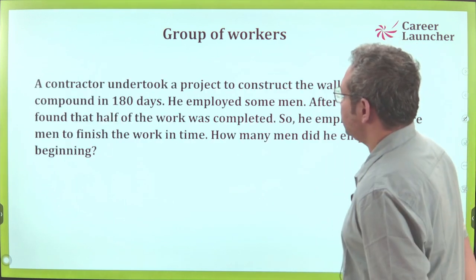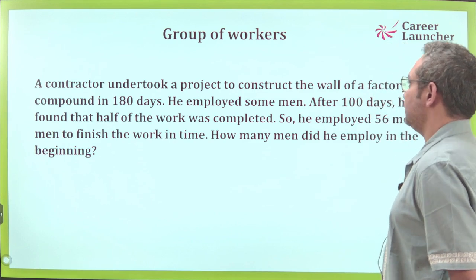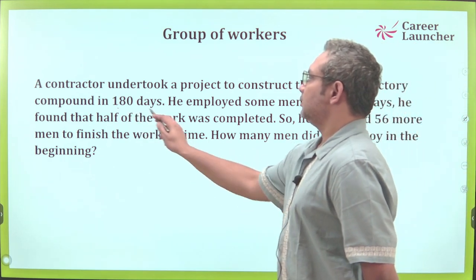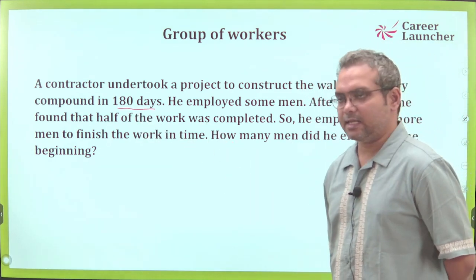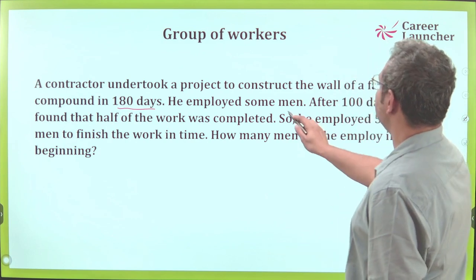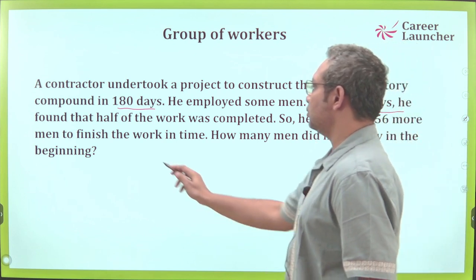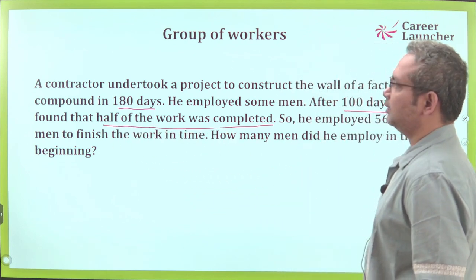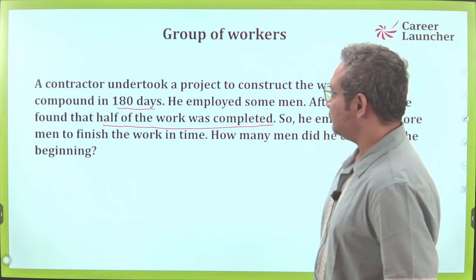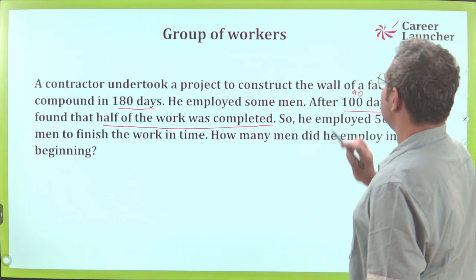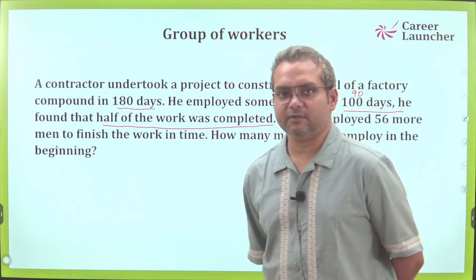So here it says a contractor undertook a project to construct a wall in 180 days. That means that's his target deadline. Now it says that he employed some people, we don't know how many, but 100 days later only half of the work was completed. Now you can understand if the job has to be done in 180 days, this should have been 90 days where it should have completed half the work.